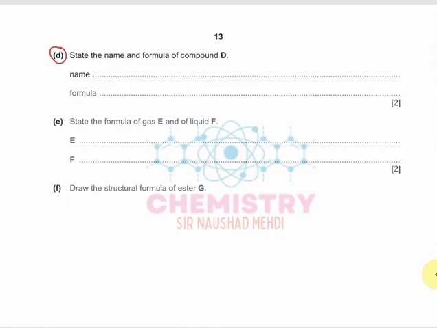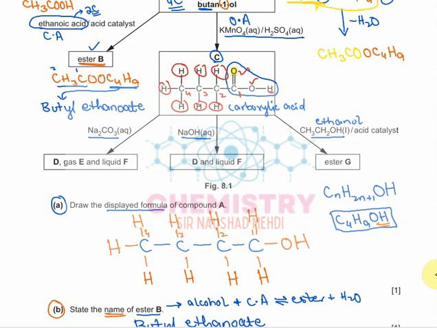Now coming to part D, it is saying state the name and the formula of compound D. Compound D is formed when you react this butanoic acid with sodium carbonate, which is Na2CO3. This is a reaction of an acid with a carbonate. Whenever an acid and carbonate react together, what products are formed?